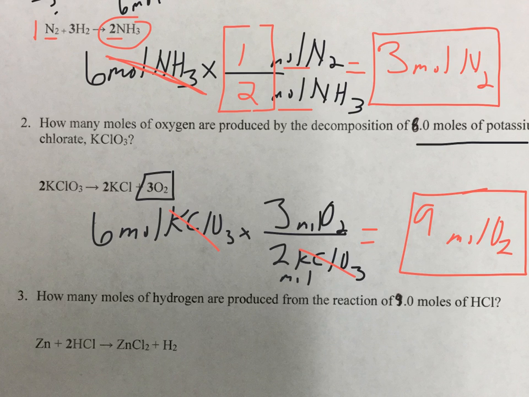Okay, where do we have problems? Where do we get stuck? We didn't add the 3, the coefficient to the oxygen. Okay, remember anytime you have the mole to mole, these numbers always come from the coefficient. Because remember before we did 1 mole was Avogadro's number, or 1 mole was molar mass, right?